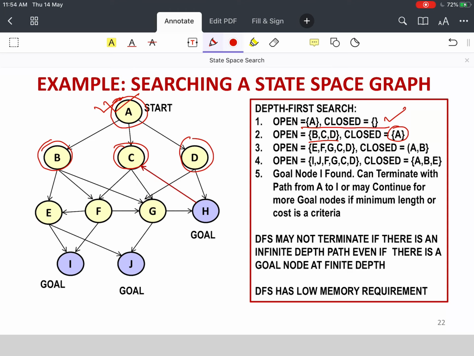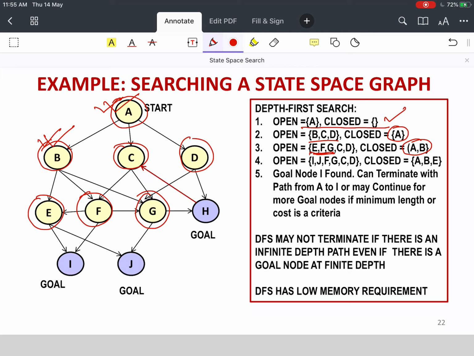Next, again we repeat, because we now take out B from open, because it is the first node in open, and we put it in closed. So closed becomes AB, and because B is not a goal node, we generate the children of B, which is E, F, and G, and we put them in the front of open.